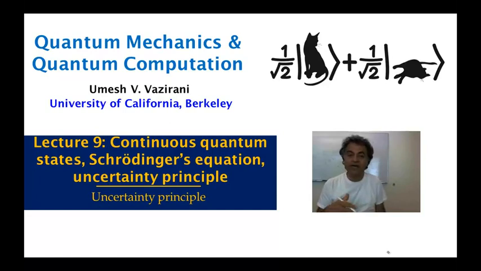Now, in terms of how these two lectures are organized, Lecture 9, this particular lecture, is going to be done in an extremely informal style. So what I'll try to do is paint for you a picture of what a particle on a line looks like, what Schrödinger's equation looks like, why it looks the way it does, and where the uncertainty principle comes from.